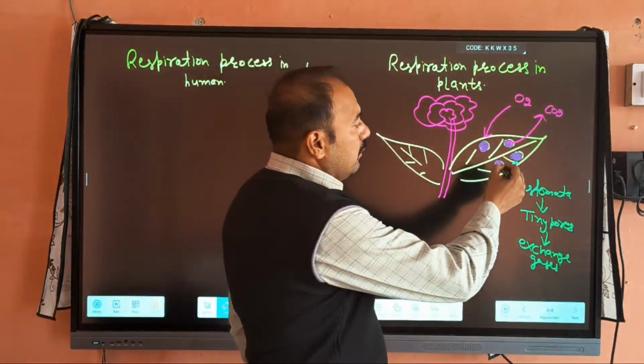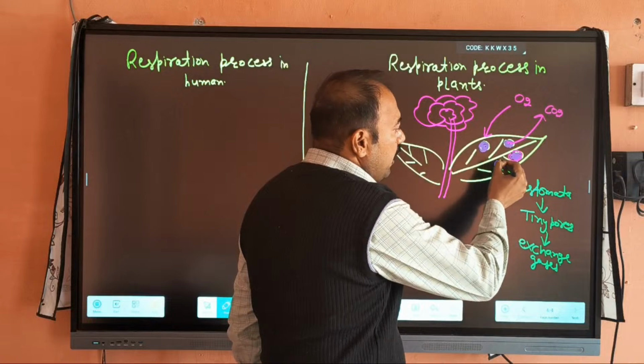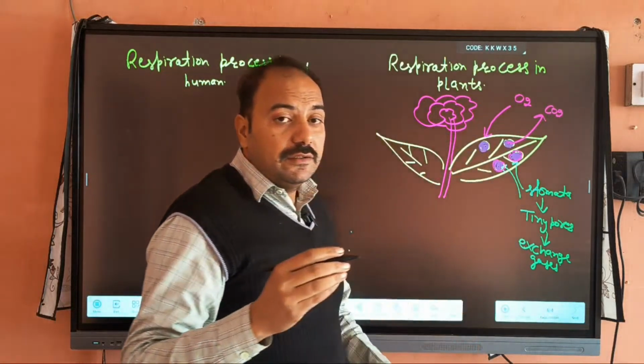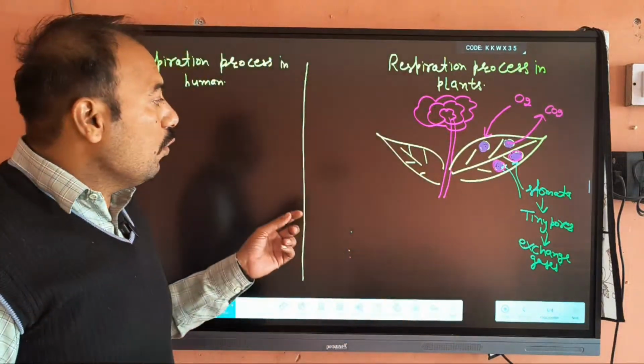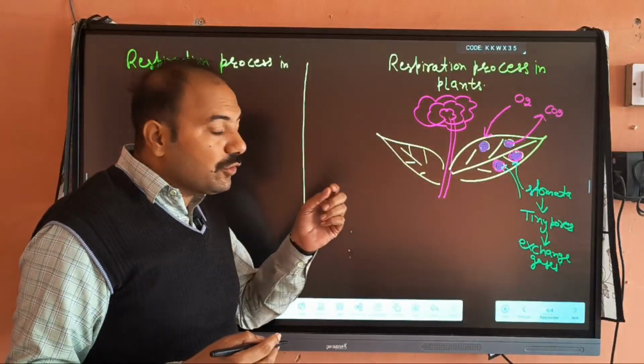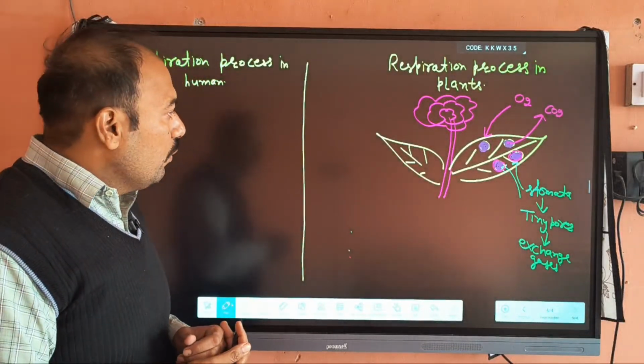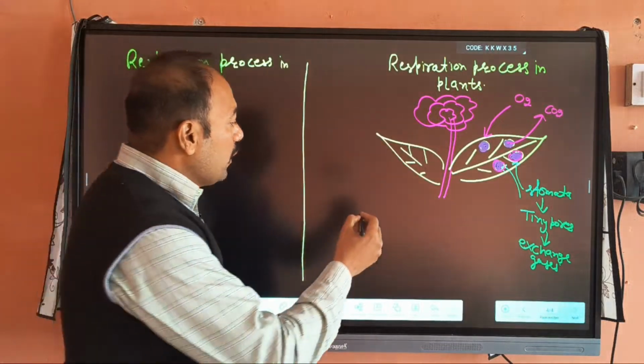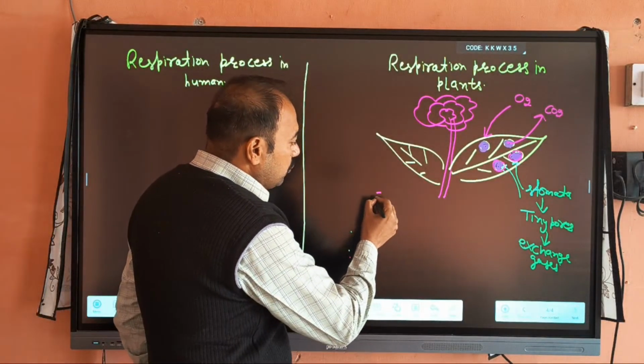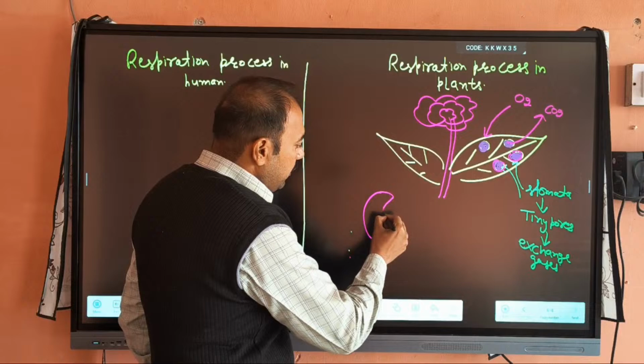If you make a diagram of the stomata at a large scale, you can see how the stomata structure looks when seen under a microscope. The structure of a stomata is like this.